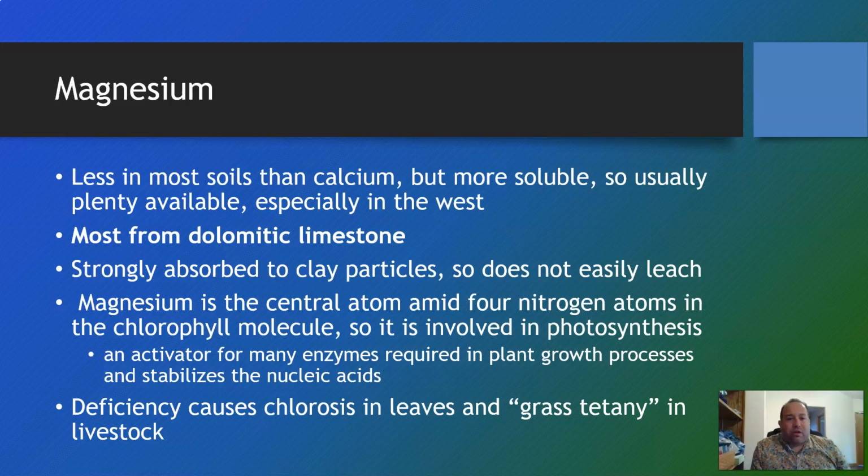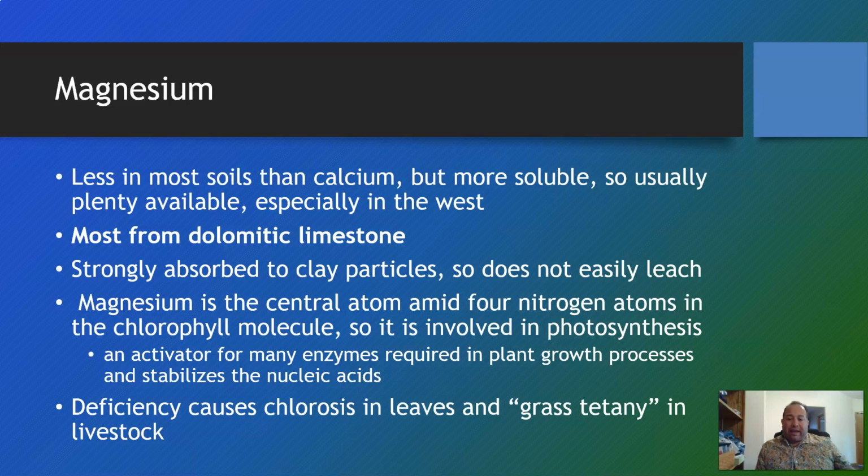And so it's much more soluble than calcium. So usually there's plenty of magnesium available, especially in these western soils. Most of your magnesium comes from dolomitic limestone. Magnesium is strongly absorbed to clay particles, so you don't really have to worry about problems with it leaching through the soil.